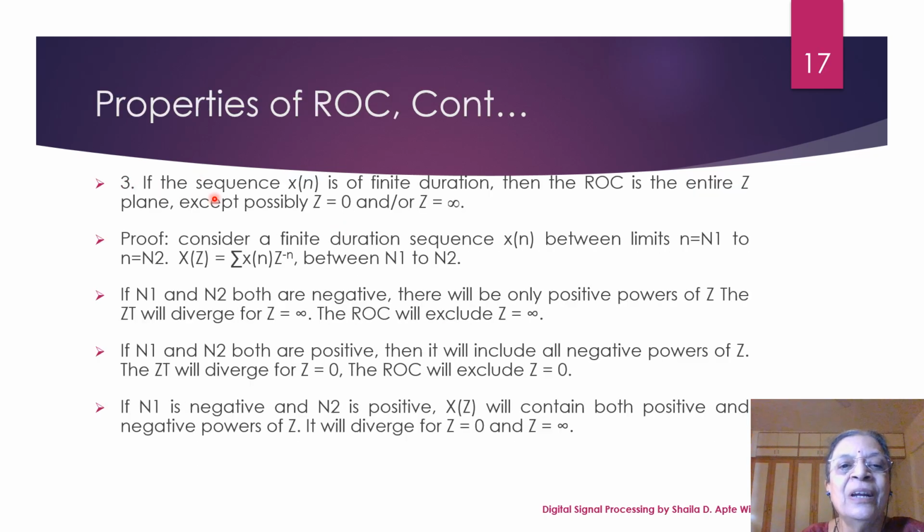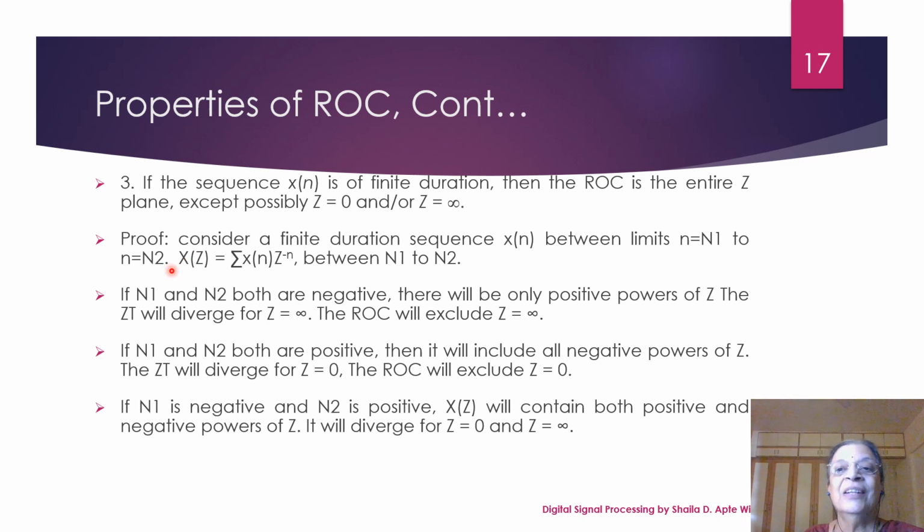The third property: if the sequence x[n] is of finite duration, then the ROC is the entire z plane except possibly z equal to 0 and/or z equal to infinity. So let us consider the corresponding X(z), the summation of x[n] z raised to minus n, and let us say that it exists between n equal to capital N1 and n equal to capital N2.